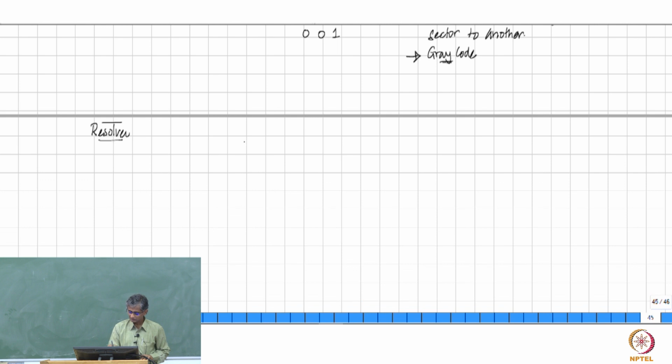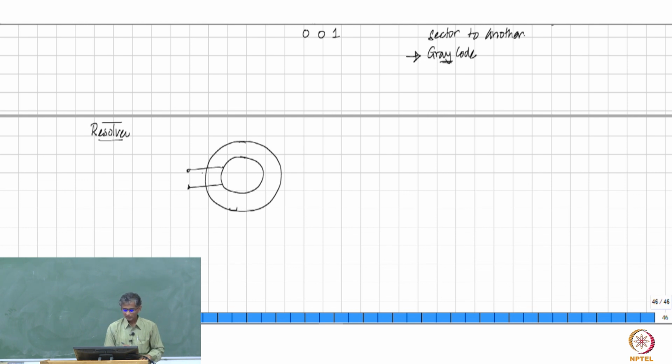In this case, this is again an electromagnetic equipment. You have a stator and you have a rotor. Coils are there on the rotor. I will just show it as two leads. And you give a high frequency excitation to this.